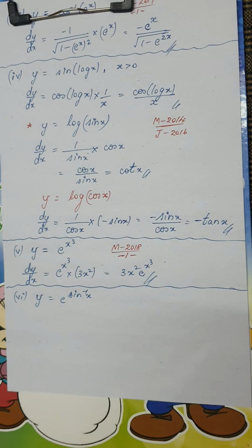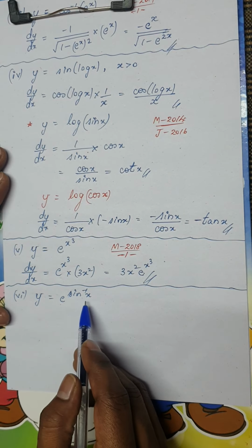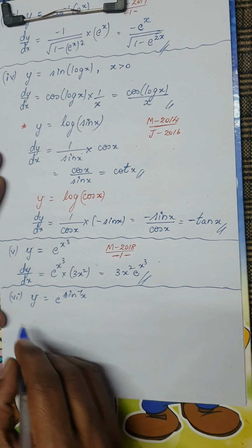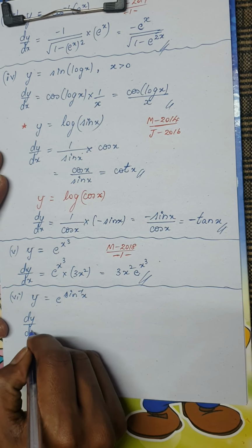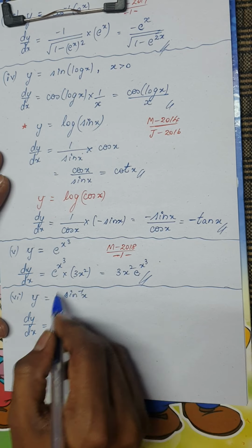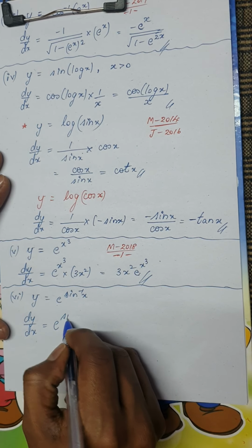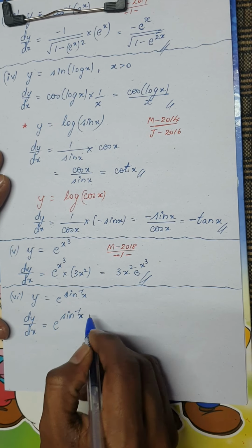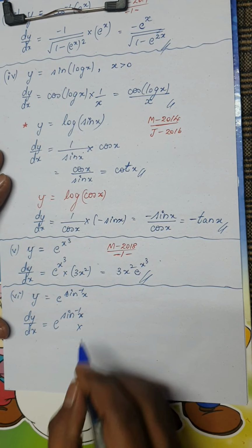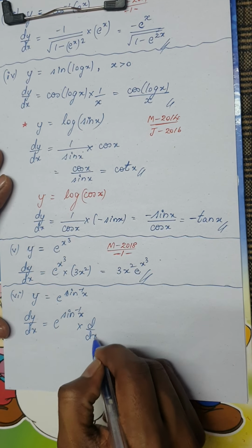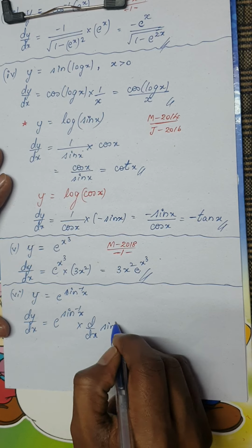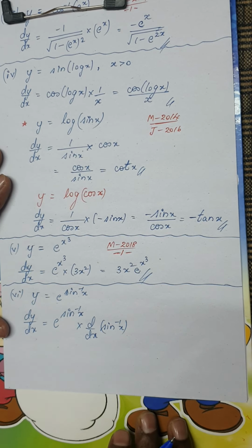The next question we have is y is equal to e power sine inverse x. Therefore dy by dx will be, this is of the form e power f of x, and the derivative of e power f of x is e power f of x itself, into, remember, the derivative of that f of x, which is sine inverse x.